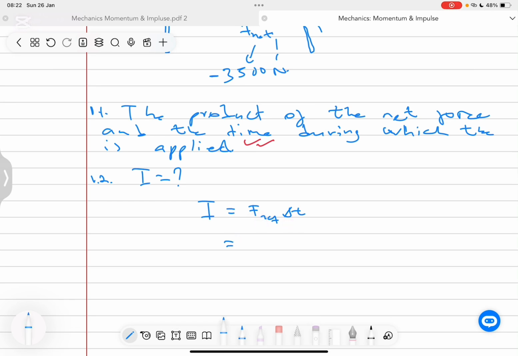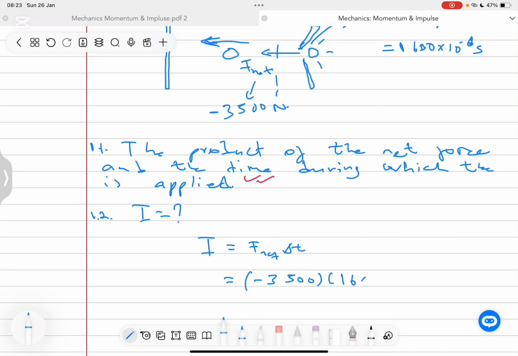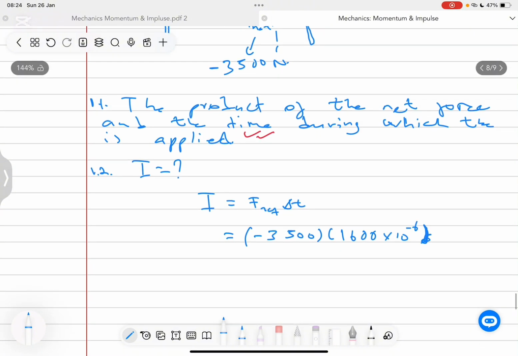So this problem becomes really a simple substitution problem where I'm going to put my force, which is negative 3,500. Here we're going to put our time of 1,600 times 10 to the power negative 6, because it is a microsecond. Then we're going to close the bracket.